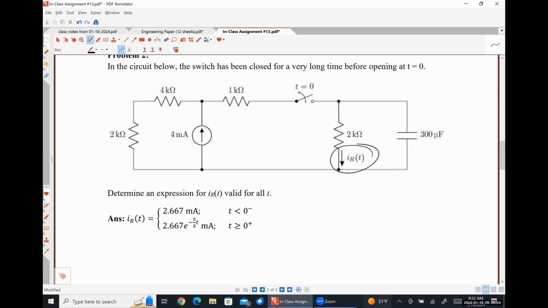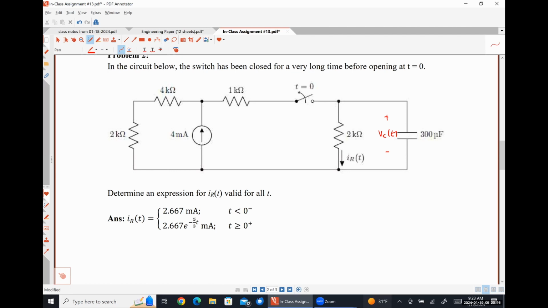So even though we weren't explicitly asked to find it, we're going to need to pay attention to what's going on here, right? So the energy storage element and what it's doing is effectively dominating what everything else is doing. So even if we aren't asked for it, we still need to know it, okay?